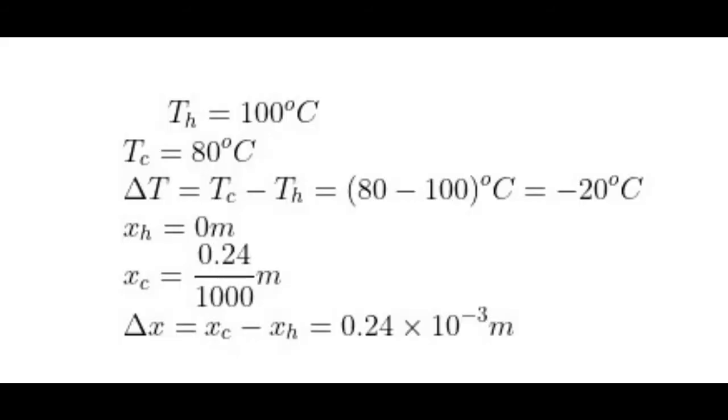The temperature difference is -20 degrees Celsius, and the thickness of the shell is 0.24 × 10^-3 meter. The origin of the coordinate system is placed where the external surface of the eggshell is at 100 degrees Celsius.